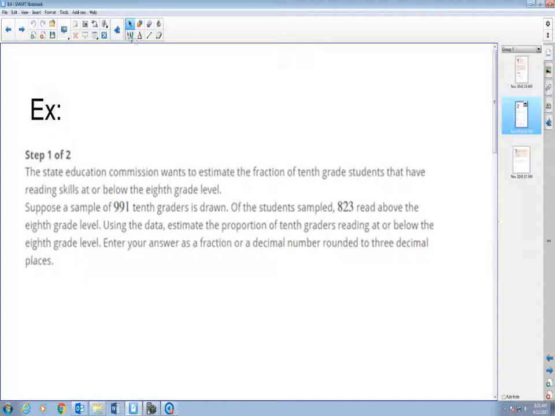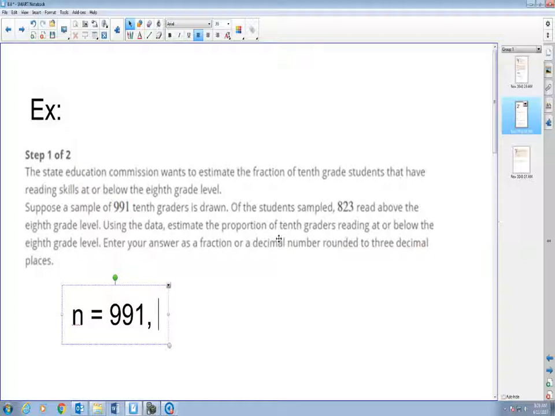So my sample size n is going to be 991. 823 read above the 8th grade level. Estimate the proportion of the 10th graders. You don't hear the word mean here, so we're going to start hearing the word proportion.